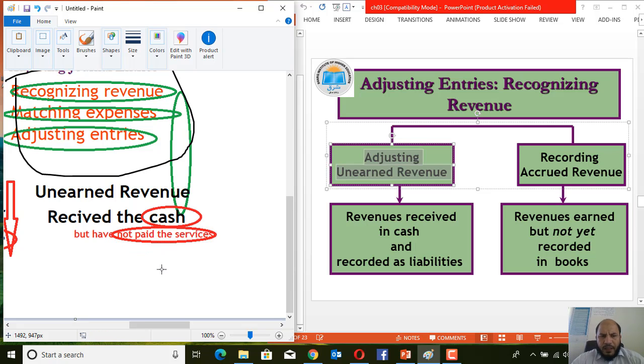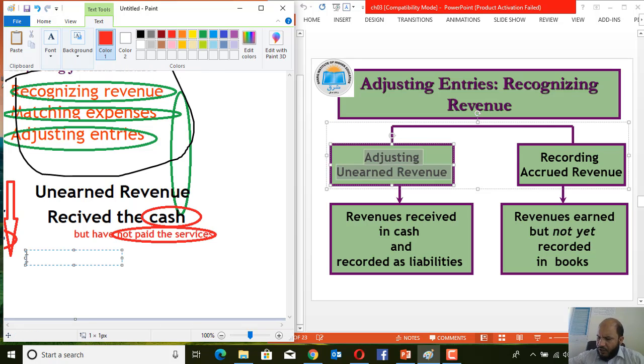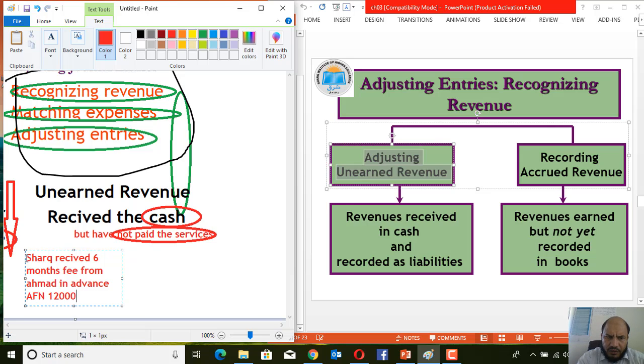Let me take an example. Consider that Sharq Institute has received a 6-month fee from Ahmad in advance, AFN 12,000.